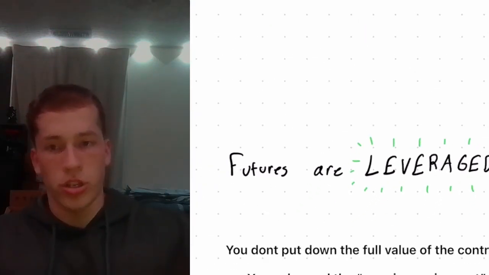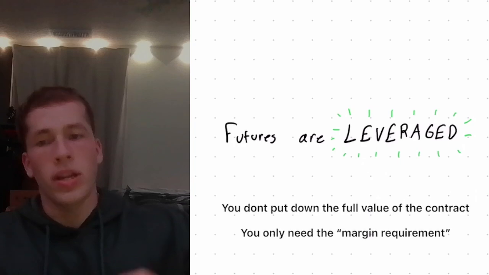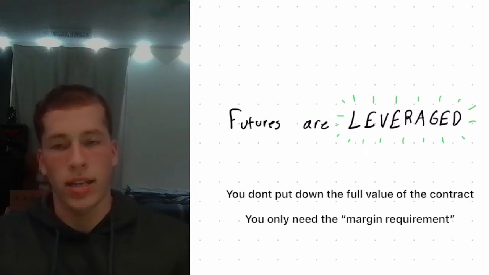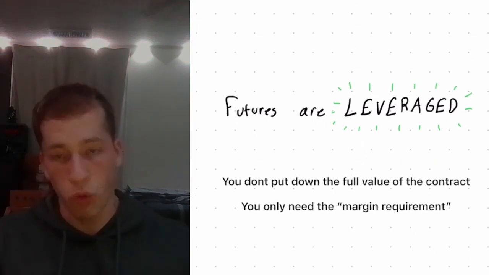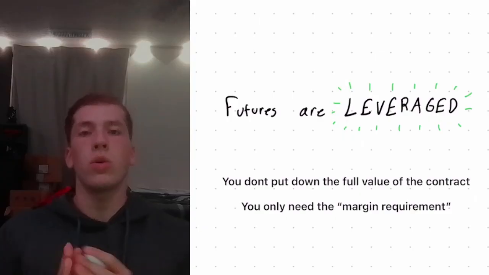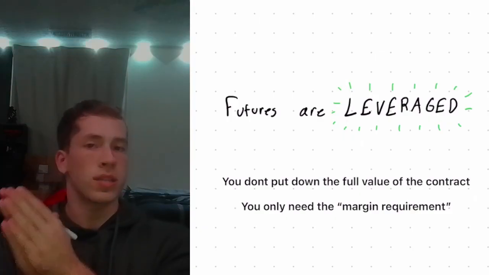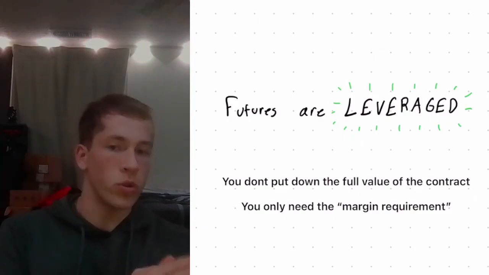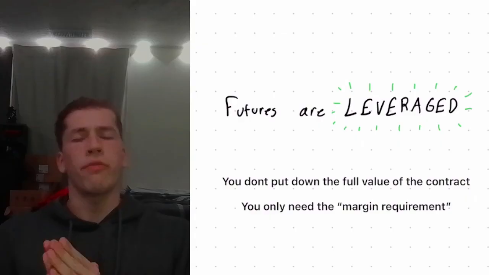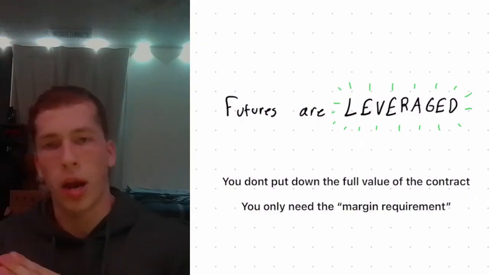Futures are leveraged, meaning you don't need to put down the full value of the contract. If you had to put down the full value of the contract, there would be no difference between buying a wheat stock and buying a wheat future. When you buy a future, you only need the margin requirement.